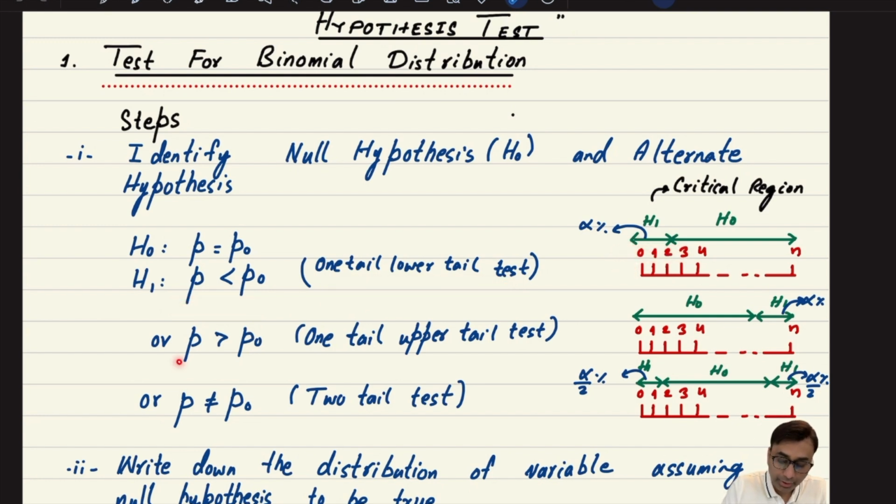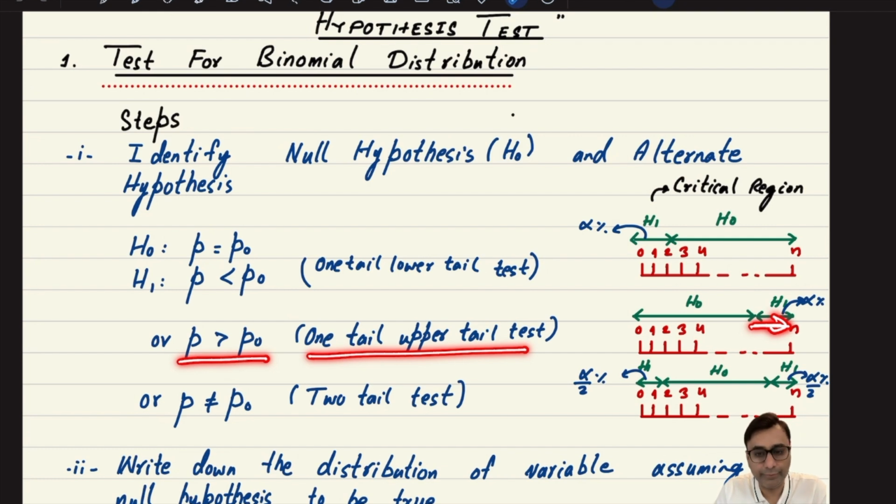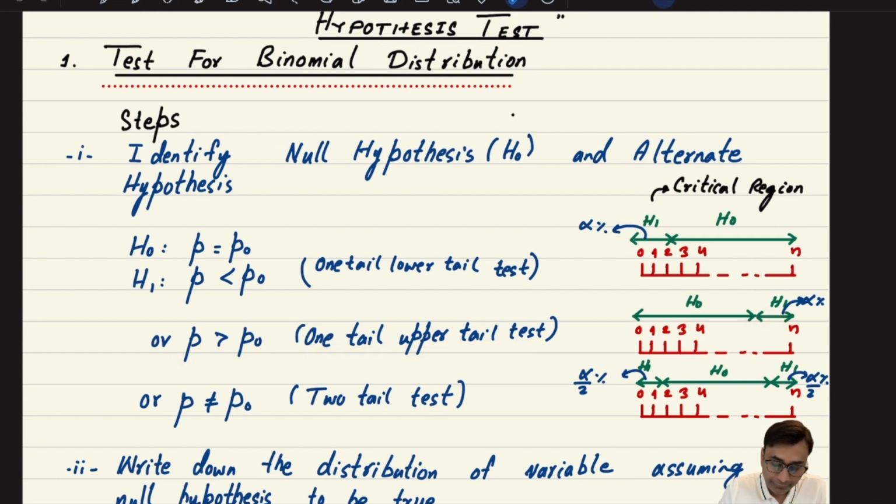If you're looking for an increase in probability, then it will be a one-tail upper tail test, and your critical region should lie on the upper tail of the distribution. Whereas if you're looking for a change in probability, then it will be a two-tail test, and hence your critical region would be equally divided between the lower tail and the upper tail.